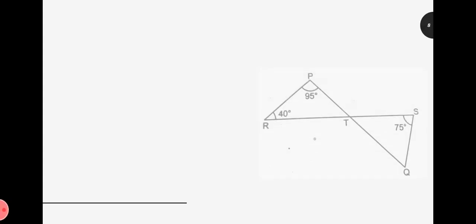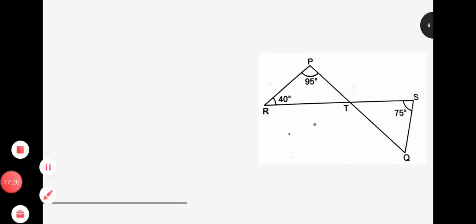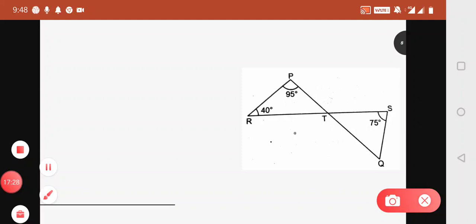Let's see the figure. It is given that lines PQ and RS intersect at point T. This here is the point of intersection where two lines are intersected.